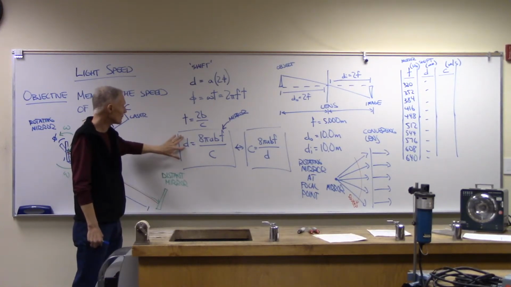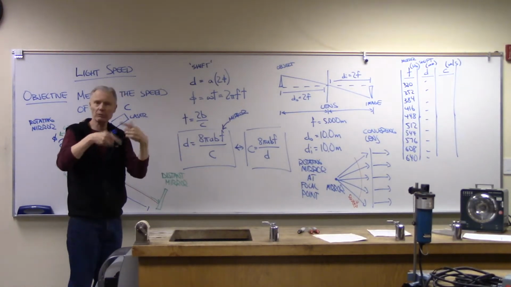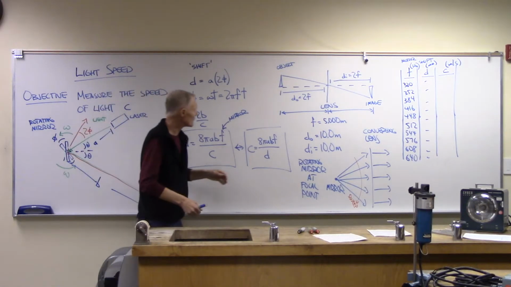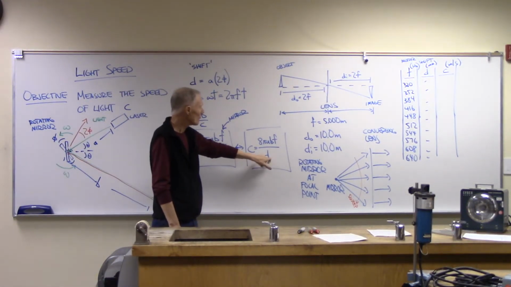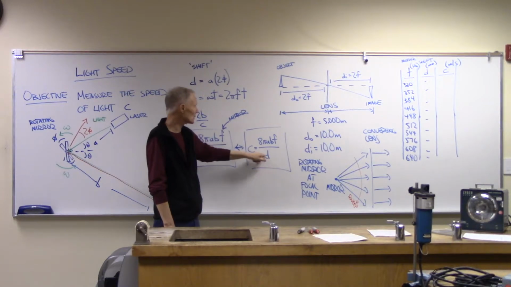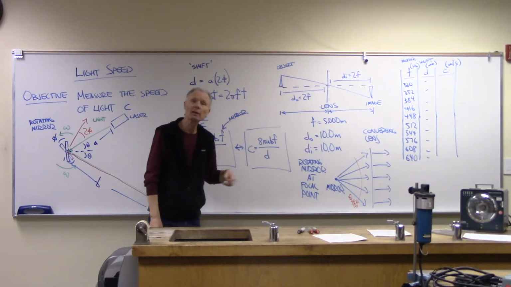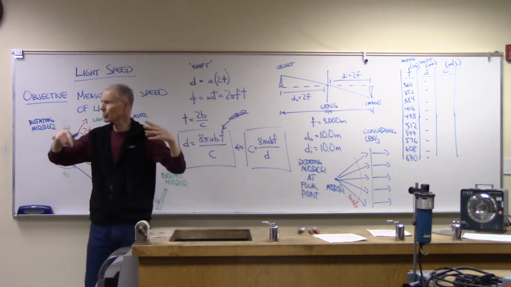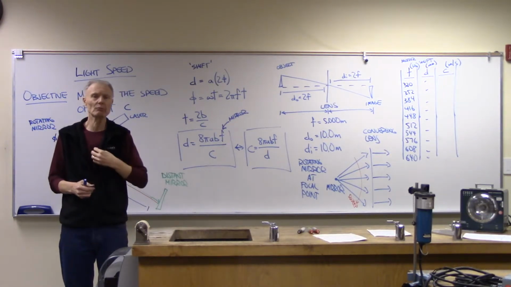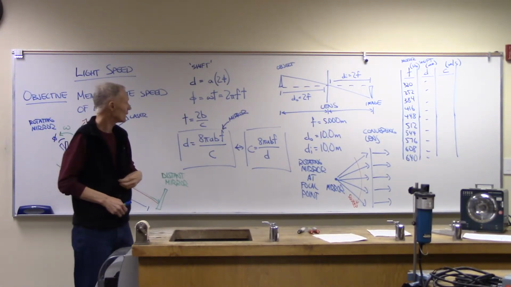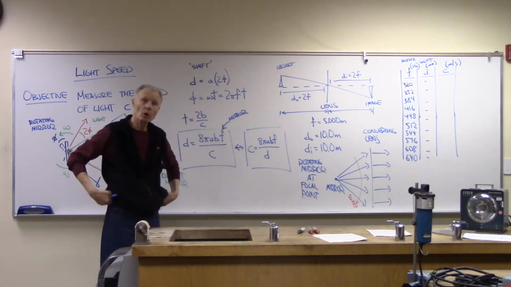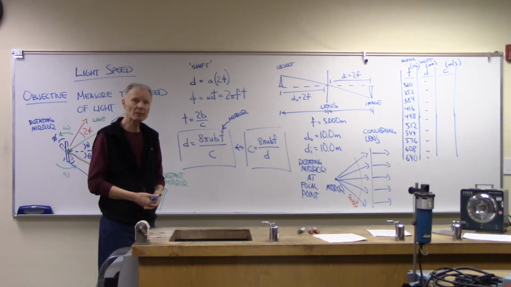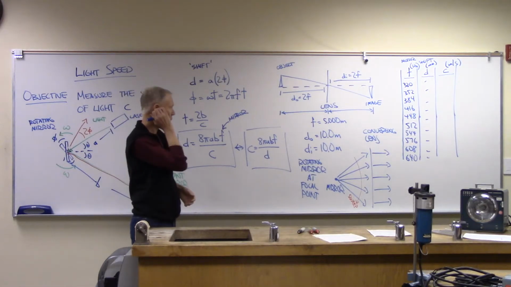So that would tell us how much deflection we're going to have, but we're going to flip that around. Instead, we're going to set it up so based on the observed deflection, we can calculate a speed of light. Yes, right here in room A274 at Laney Community College, we're going to get a reasonable measurement of the speed of light within this room.